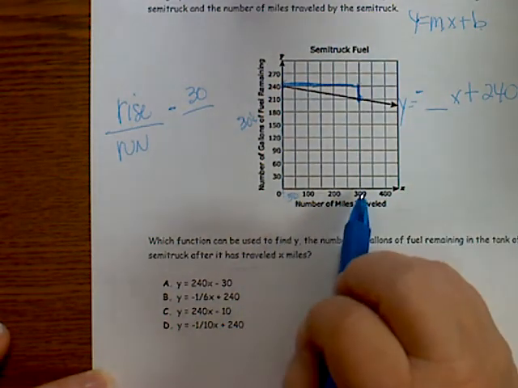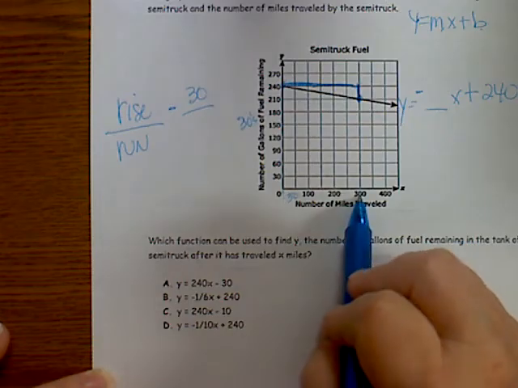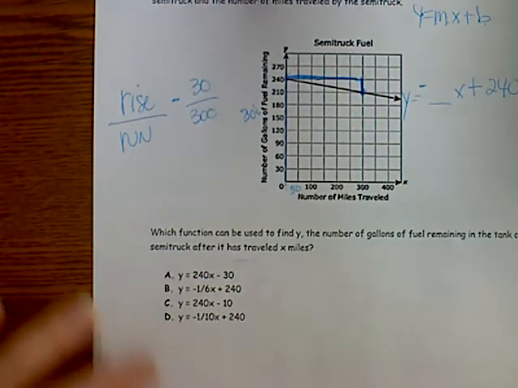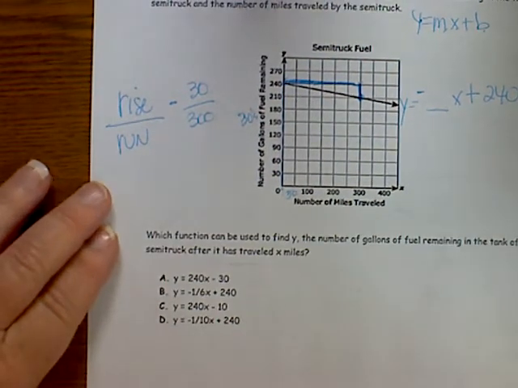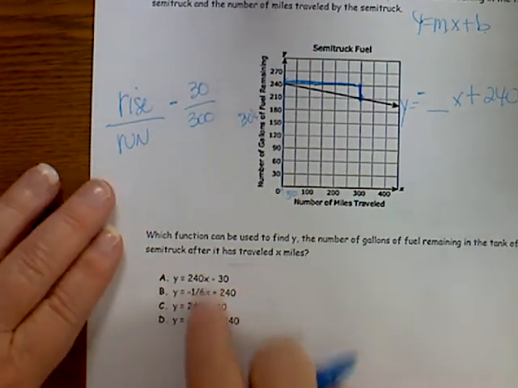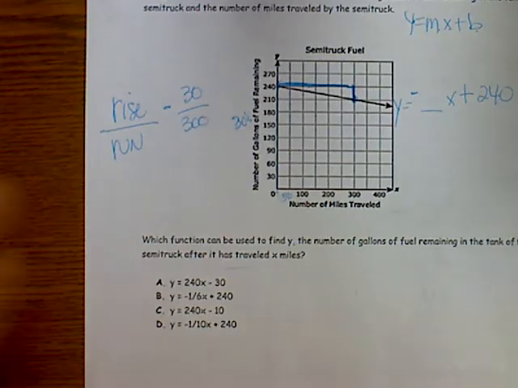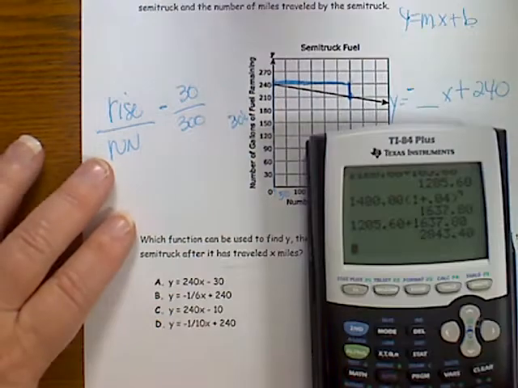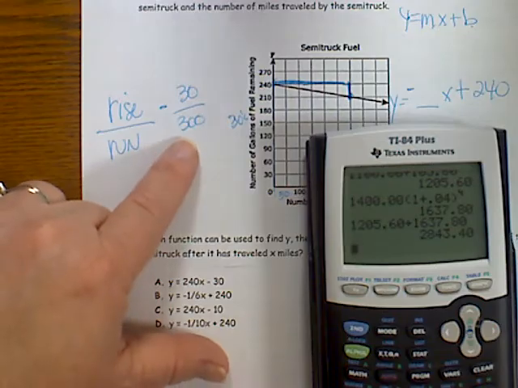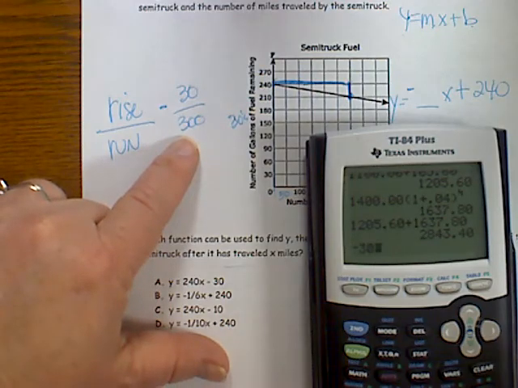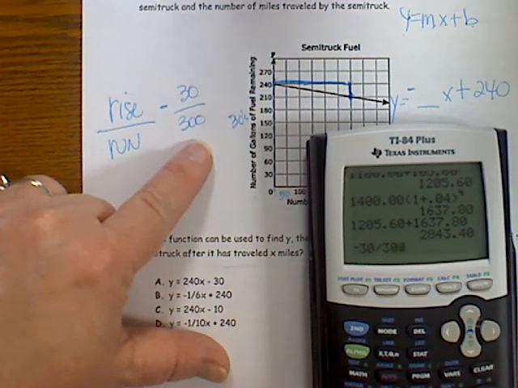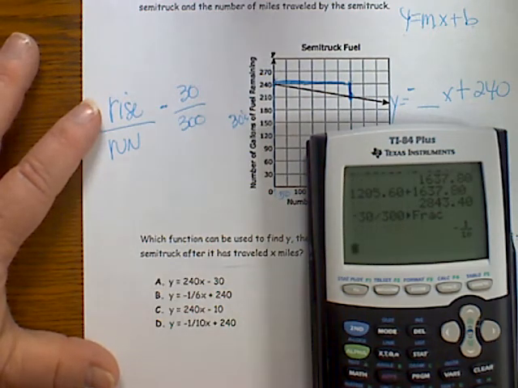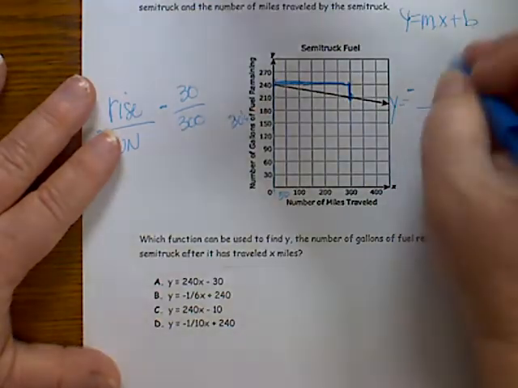Okay, so from 0 to 300 would be 300. Then I always need to simplify. And so I see fractions and whole numbers. So if I put it in a fraction and it gives me a whole number, it will do work that way. So I am going to do negative 30 divided by 300, hit math, enter, enter, and I get negative 1 over 10.